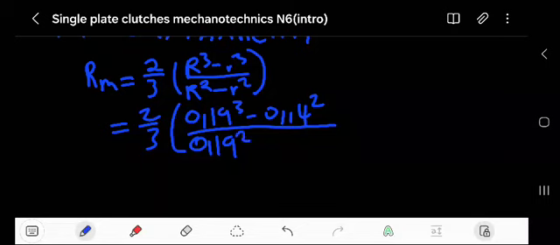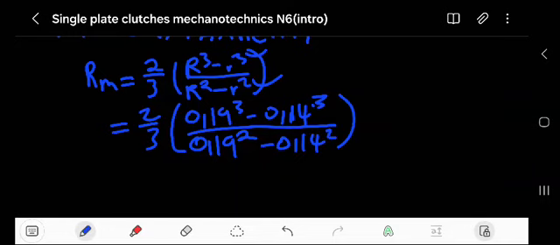Oh, sorry, here we're supposed to be cubed, do not make that mistake that I did here. At the bottom must be squared, 0.14 squared, following the formula.